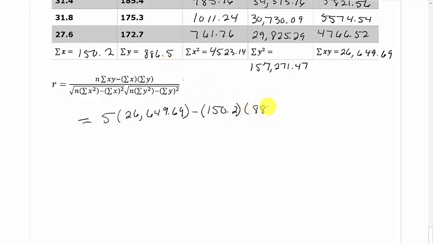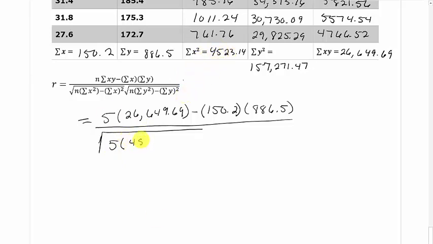That's 886.5. And then we're going to divide that by the square root of 5 times the sum of the x squareds. So here's the sum of the x squareds. That's 4,523.14 minus the sum of the x's squared. So that would be 150.2 squared.